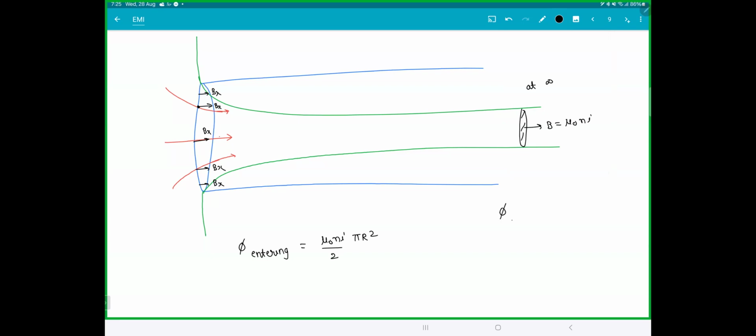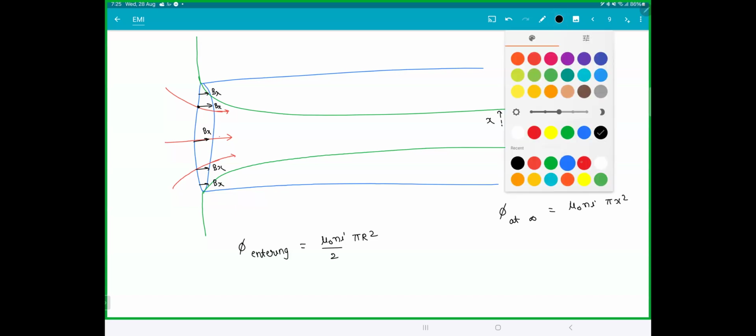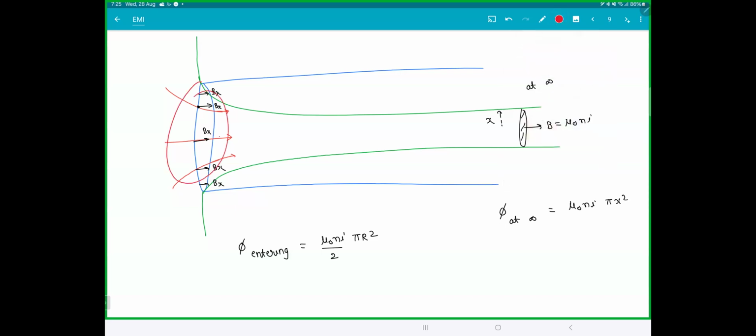So flux at infinity must be mu naught Ni, and you're saying this radius is x, times pi x square. The flux must be equal. Why? Since the number of lines are the same, isn't it? Every line that enters here must be between these green lines, all the lines entering between the green lines must be within that x region.